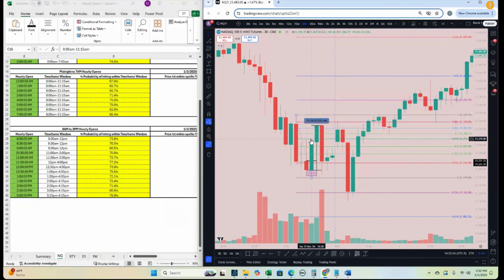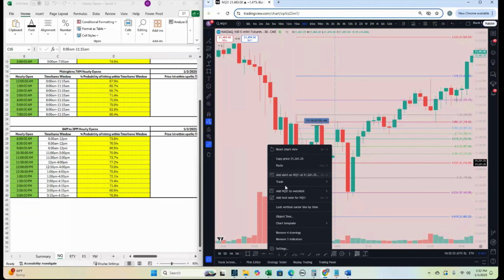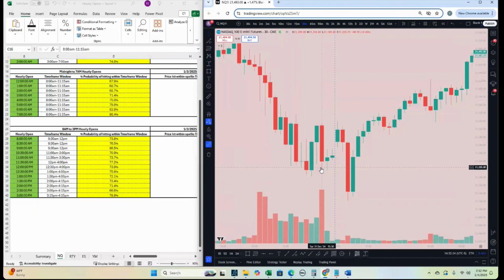Once we knock out whoever shorted this, all we have is this left, right? My fib says take it on up. So if anything, I'm using fibs and the hourly opens together with the combination of statistics to tell me to take the trade and to stay in the trade.